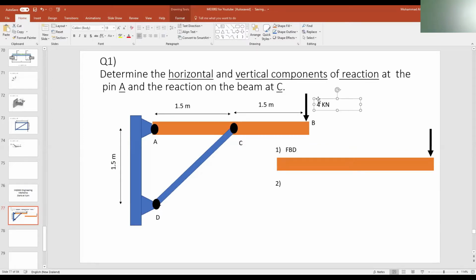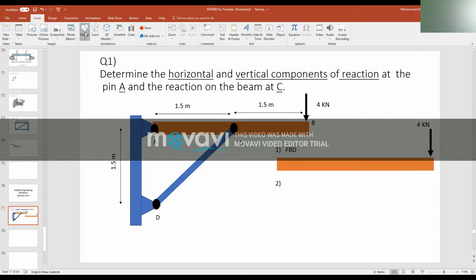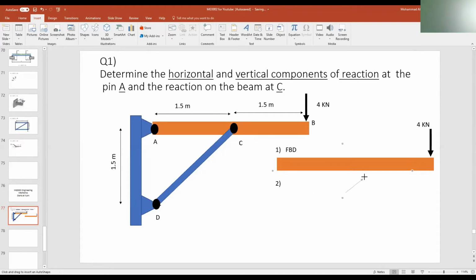For you guys in your tests, you need to redraw, resketch the diagram, the free body diagram, all right? And here is what we want to see. In the direction of DC there should be a force going this way.